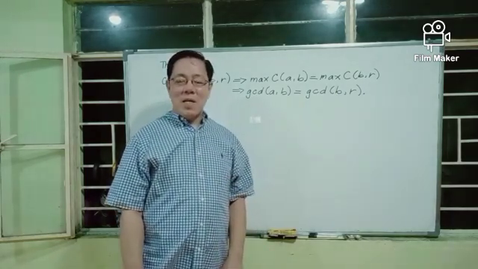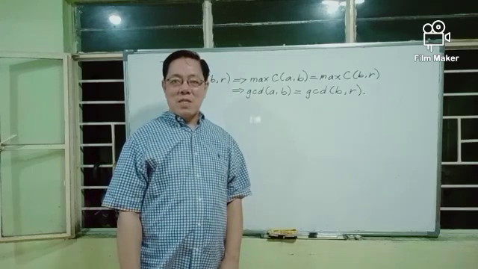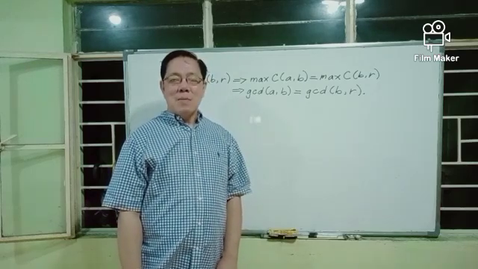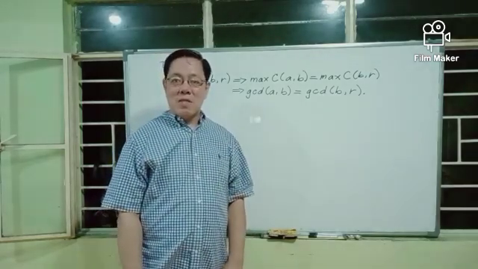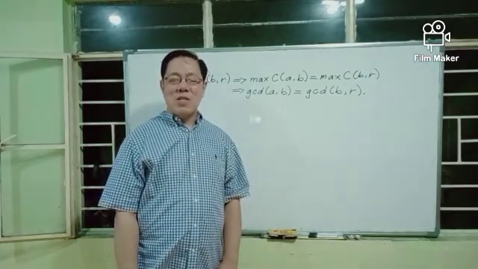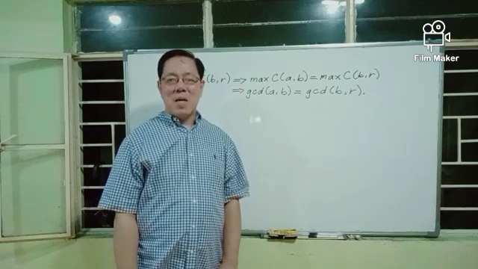Here we write A as BQ plus R, where Q is some positive integer and R is a positive remainder.